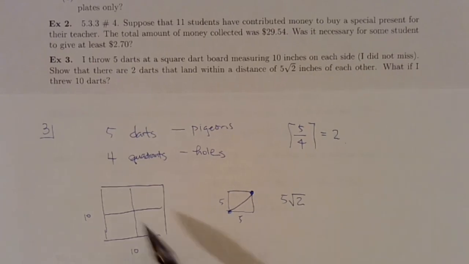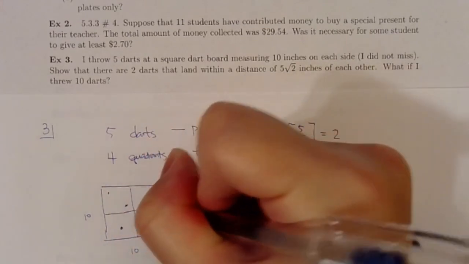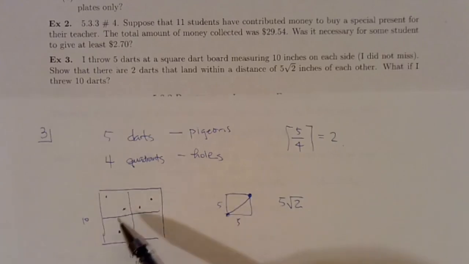So the pigeonhole principle says that if I divide the board into 4 quadrants and then I throw 5 darts, maybe they land like this. Notice I didn't evenly spread them out. All the pigeonhole principle is saying is that at least 2 darts must be in the same quadrant. You have 5 darts, you cannot have all of them in different quadrants. If you have 4 darts, they could spread out, but they could also come together, so you don't really know if they're in the same quadrant.